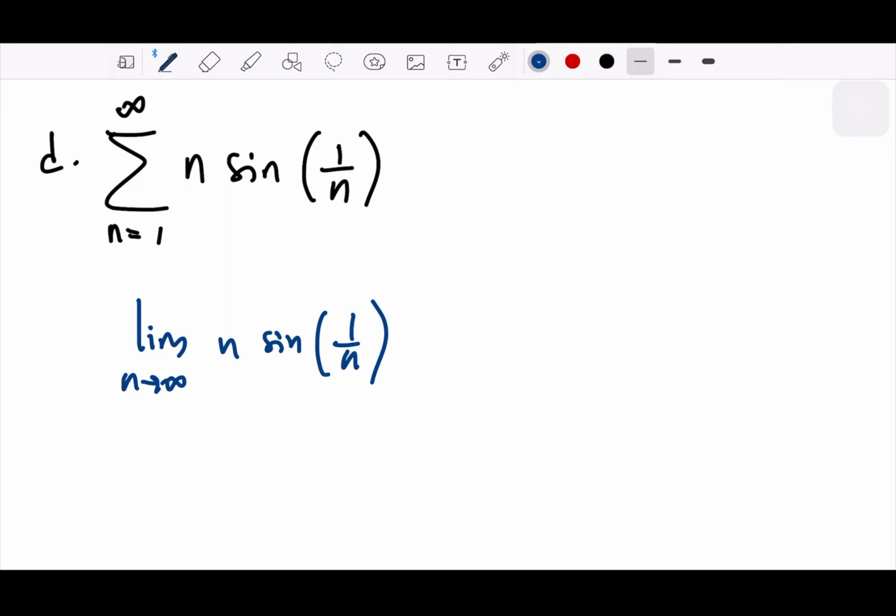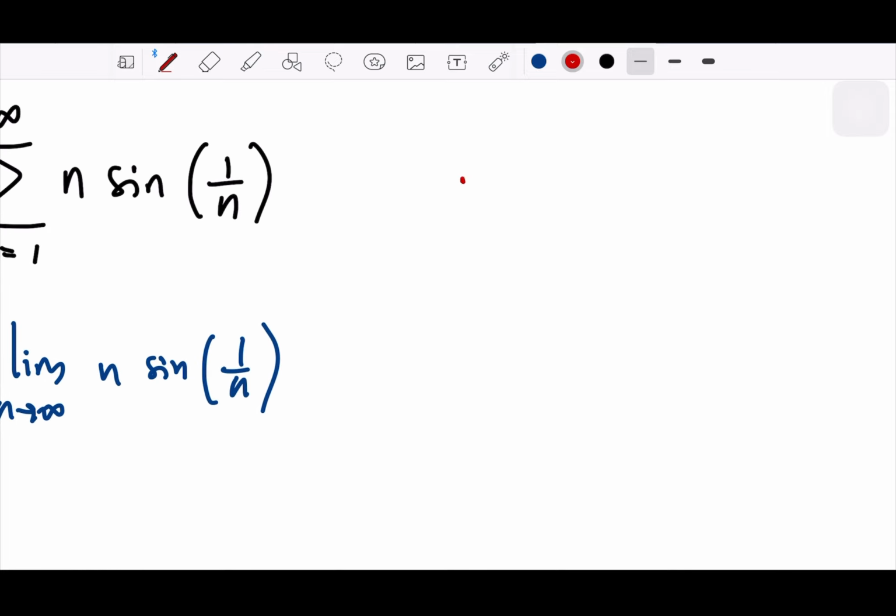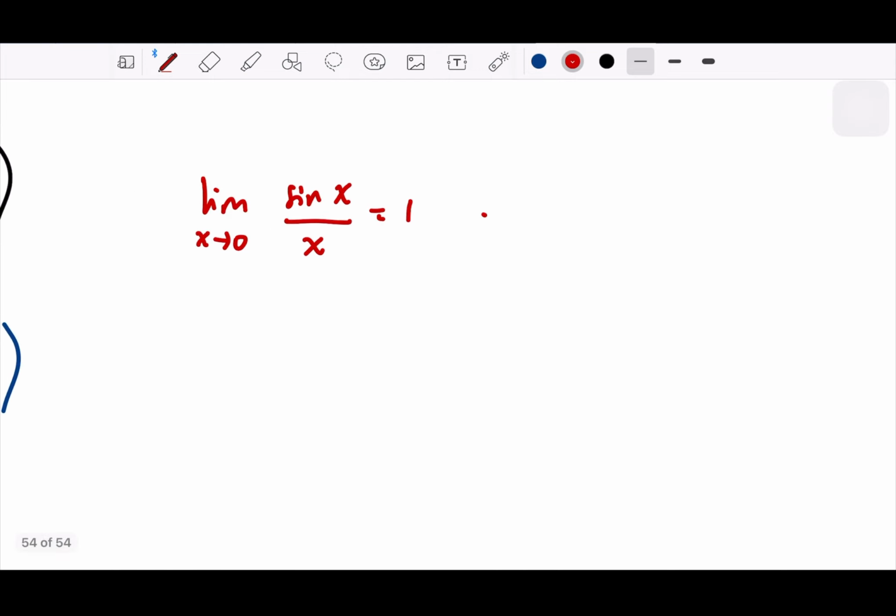Now remember, in limits, especially for sine, we can also use these examples, or if you like, we can also take this into another form as well.